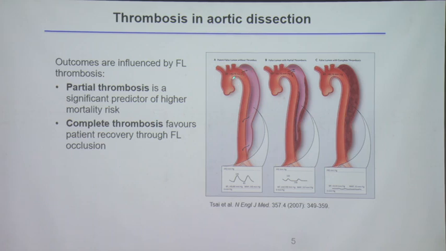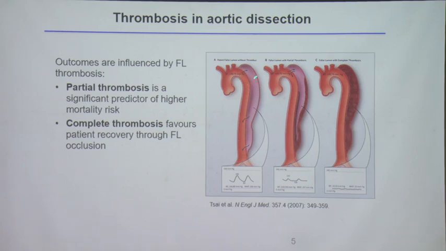Imagine that a tear is formed, and then blood will flow through the tear, splitting the wall layers and creating a secondary channel. This secondary channel sits in parallel to the primary aorta, which is the true lumen. This is known as the false lumen.